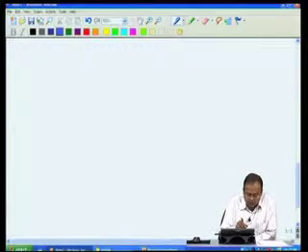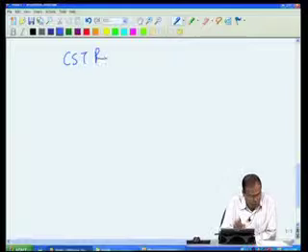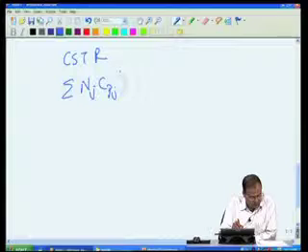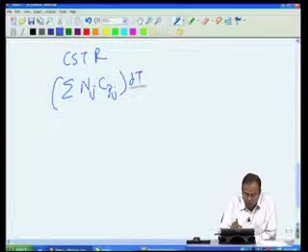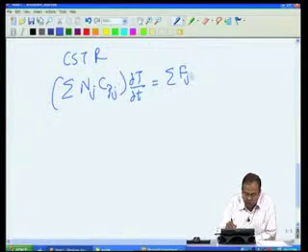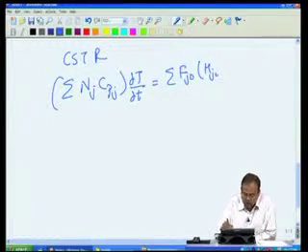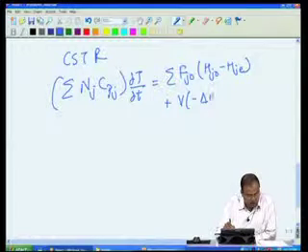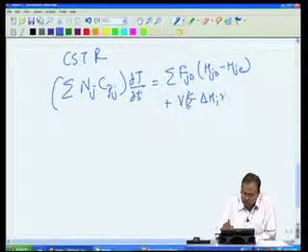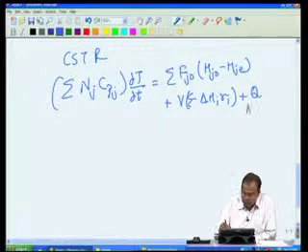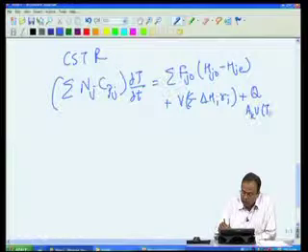So, for a CSTR we wrote the energy balance as Nj Cpj dT/dt equal to summation Fj0 Hj0, that is the enthalpy of the stream coming in, plus V summation (minus delta Hi) Ri, plus Q which is UA into (Tr minus T).